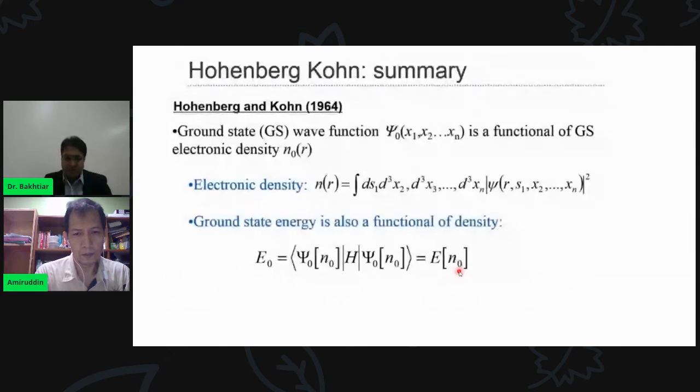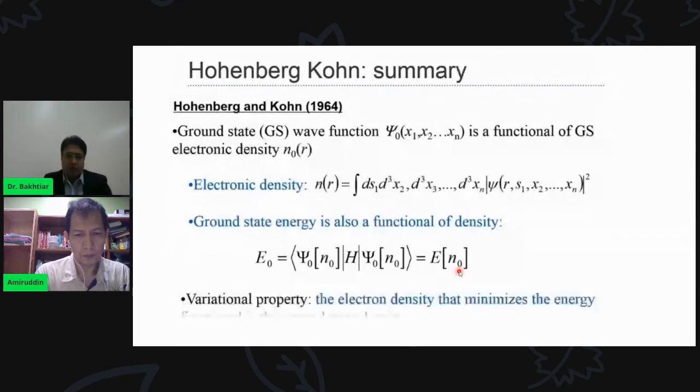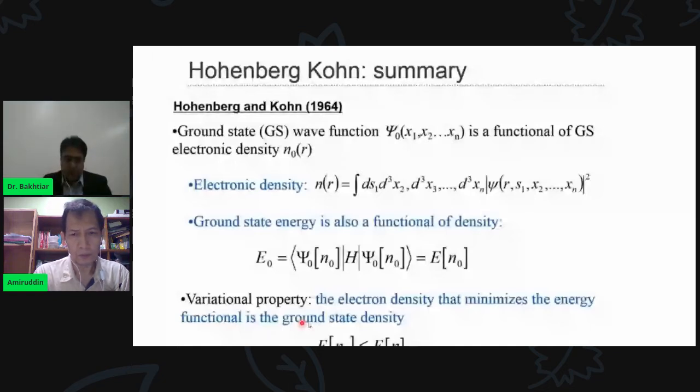So we can show this variational property: the electronic density that minimizes the energy functional is the ground state density. Because energy is a functional of the electronic density, if we use the ground state electronic density, then the energy will be lower than if we use any other electronic density.